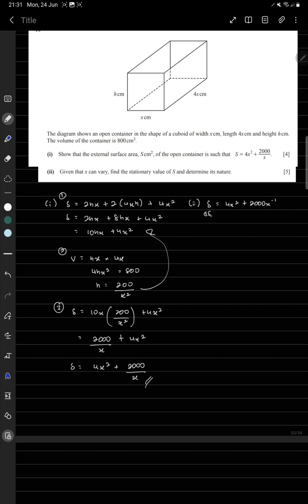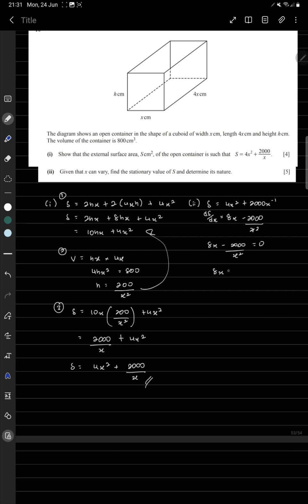Now we're going to find dS over dx, which is equal to 8x minus 2000x to the power of negative 2, or I can rewrite this as over x squared immediately. Then we want to find the stationary point, so dS over dx is equal to 0. That's 8x minus 2000 over x squared equals 0.